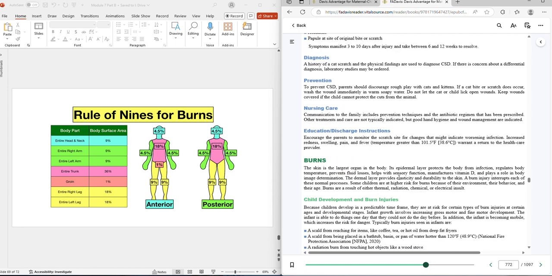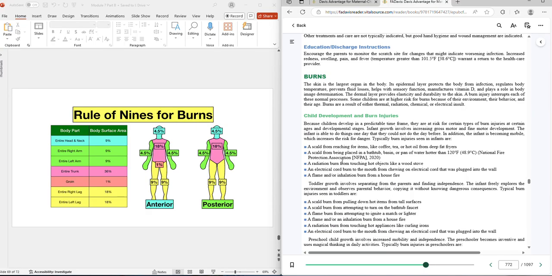All right, let's talk about burns. This starts on page 772. Of course, you know the skin is the largest organ on the body, right? It regulates temperature, prevents fluid loss, helps us with sensory function and vitamin D. But if the skin is damaged from a burn, there's a lot of things that can go wrong.